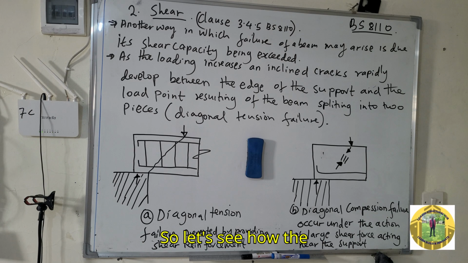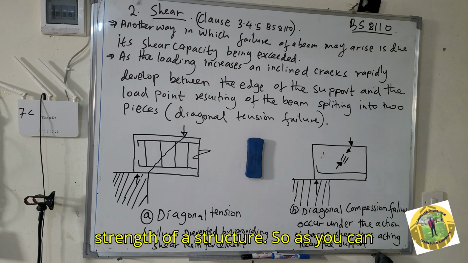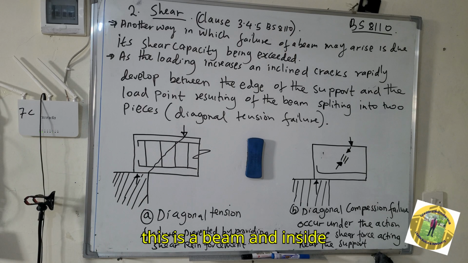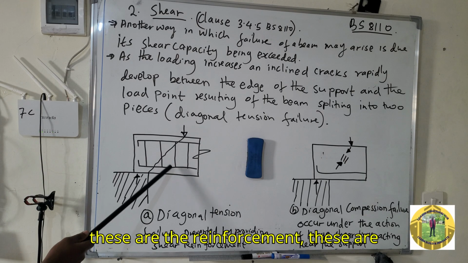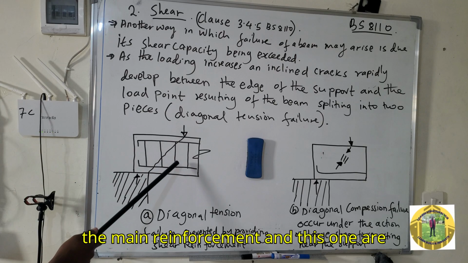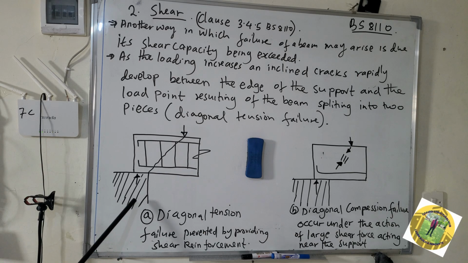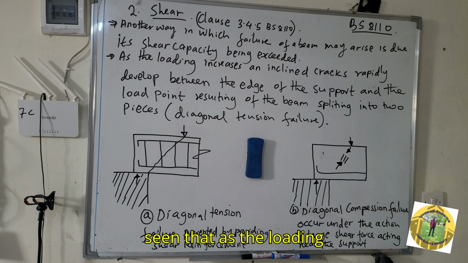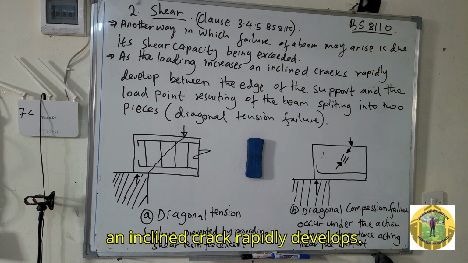So let's see how shear can affect a beam, or the strength of a structure. As you can see, this is a beam, and inside this beam we have the reinforcement. These are the main reinforcement, and these ones are the shear reinforcement bars, and this is the support. From this statement, you have seen that as the loading increases, an inclined crack rapidly develops.